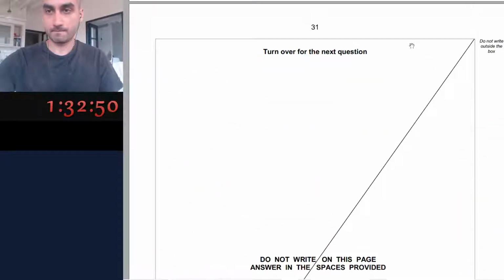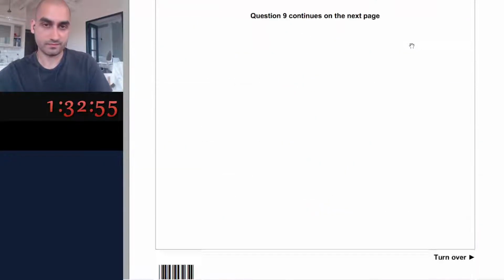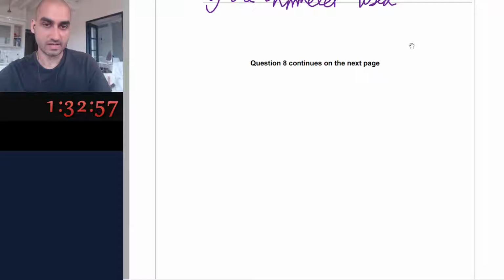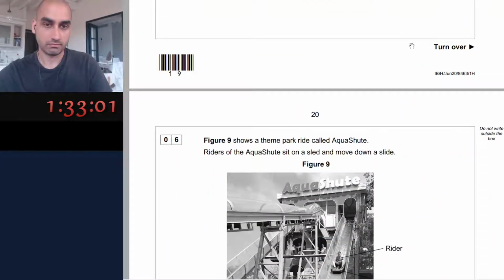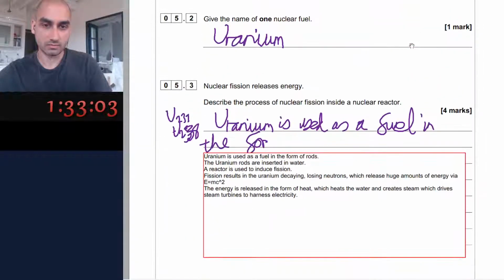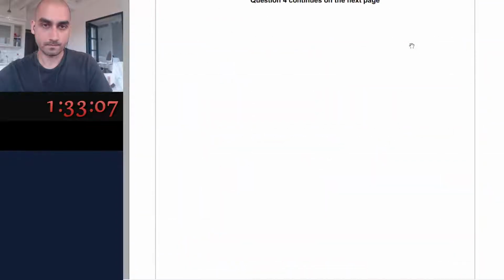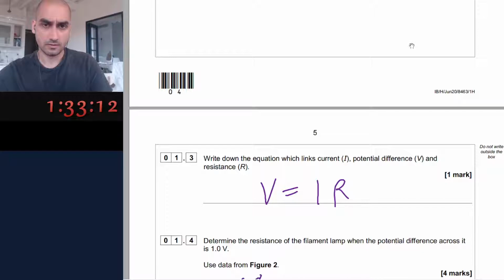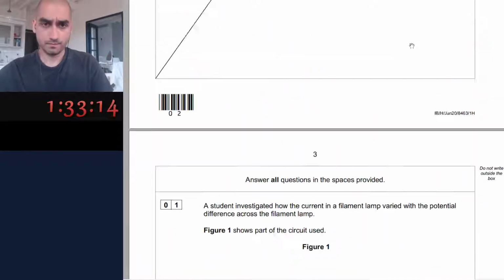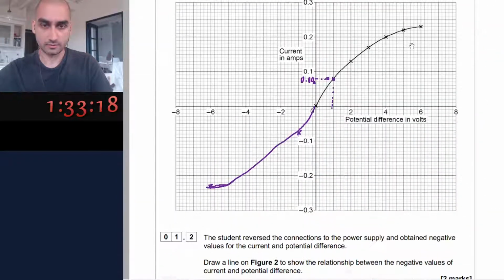That's it. We've got like 12 minutes left. I don't think I want to look over my answers. I'm pretty happy with everything except for the nuclear power ones. Maybe one or two places I'm not that happy with. All the calculation questions I'm pretty happy with. Just have a quick scan.